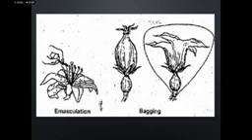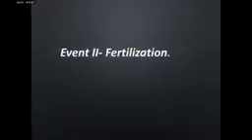That process is known as bagging, and then tagging, etc. And after a few days, fertilization takes place, and fruit, seed, etc. are produced of desirable quality. Until we obtain the desirable quality, we repeat the same procedure.